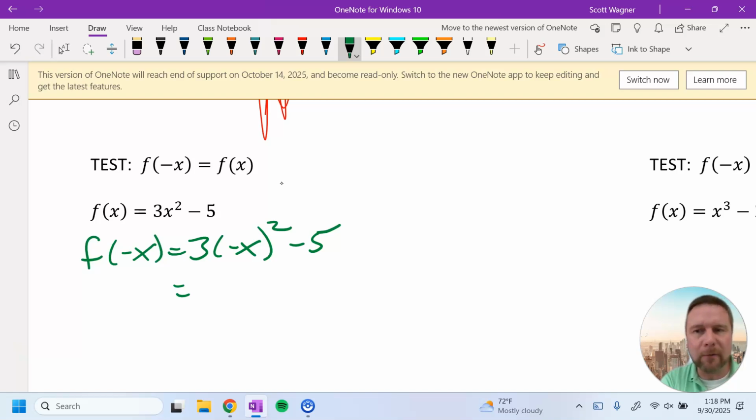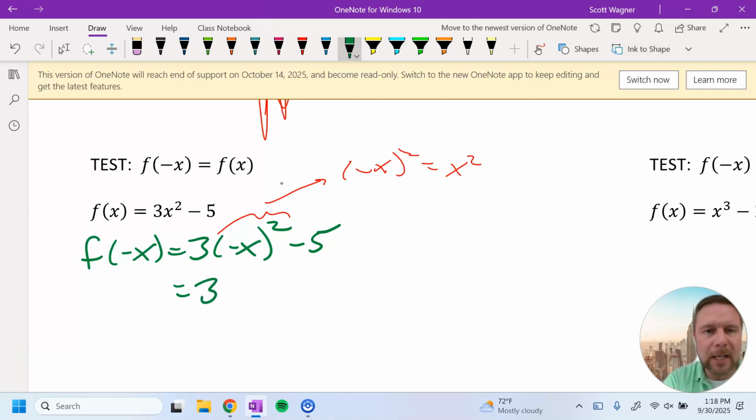Anything times itself is going to become positive. So this part right here, a negative x squared, isn't that the same thing as just regular old x squared, since they're both going to become positive? Sure, absolutely. So this means I have a 3 times x squared and then minus a 5.